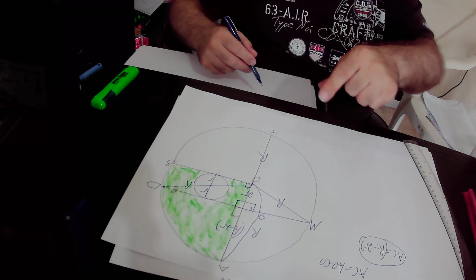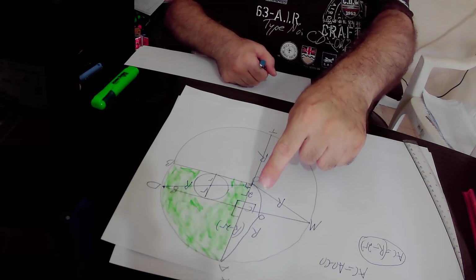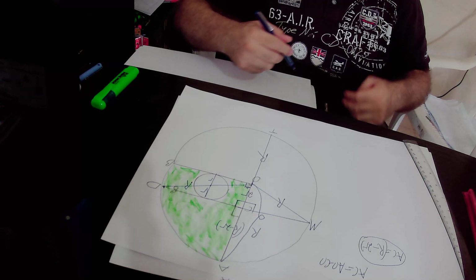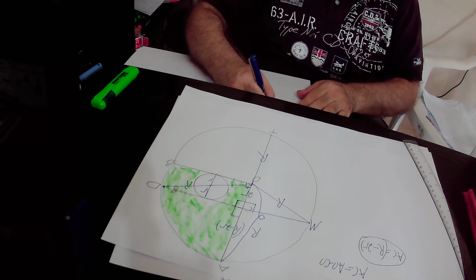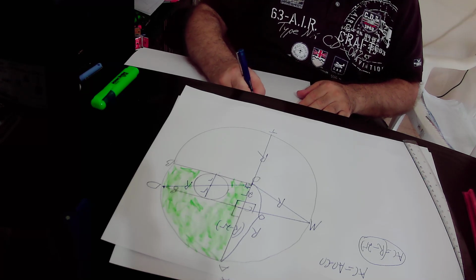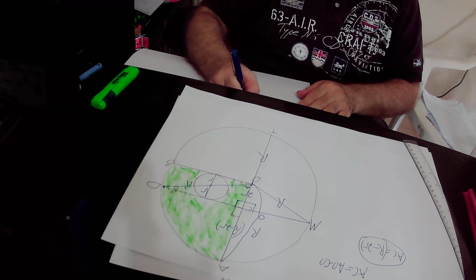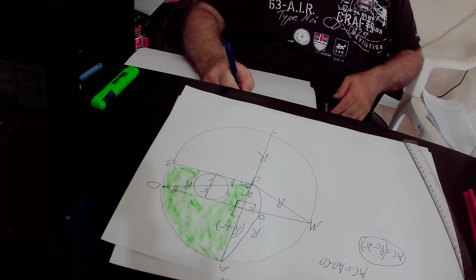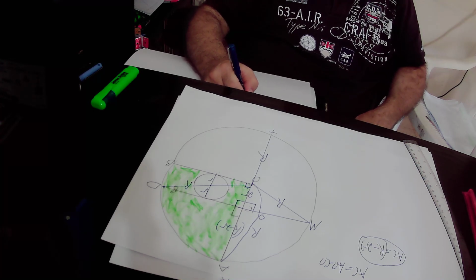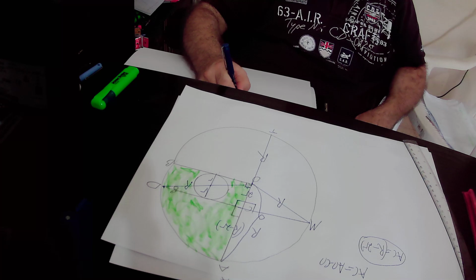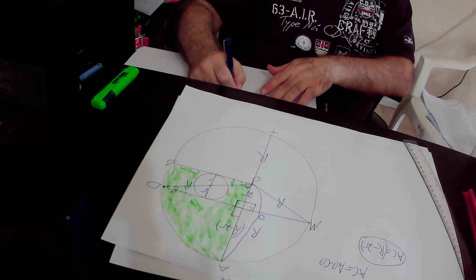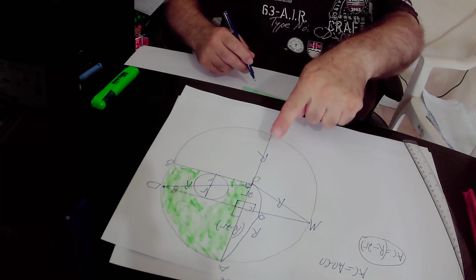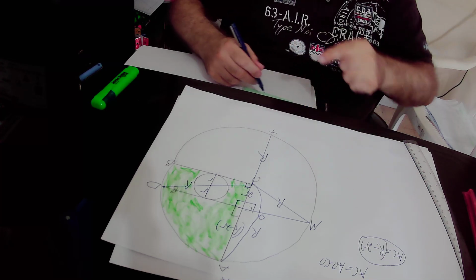First of all, they have a common side. CO is a common side that belongs to both triangles, so CO equals itself. In addition, side MO equals side OD.